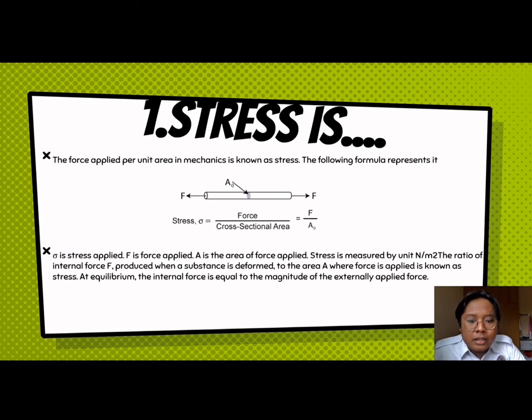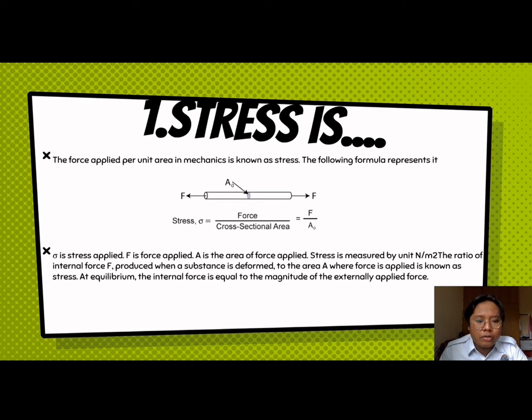The easiest way to remember the formula is sigma equal to F over A. Sigma is the stress applied, F is the force applied, and A is the area where the force is applied. Stress is measured in units of N/m².